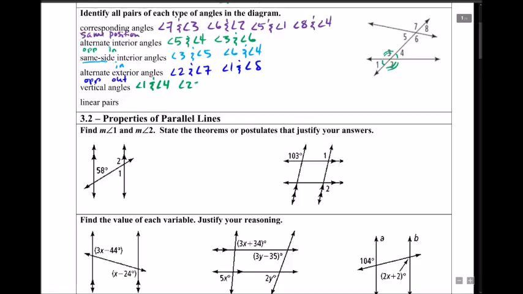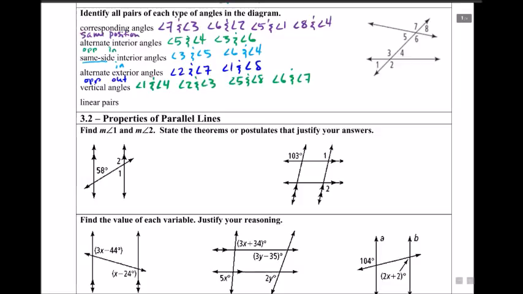So angle 2 and angle 3. And we also have them up on the top. So angle 5 and angle 8 and angle 6 and angle 7. Vertical angles are something you should be actively looking for because we are going to find them everywhere.